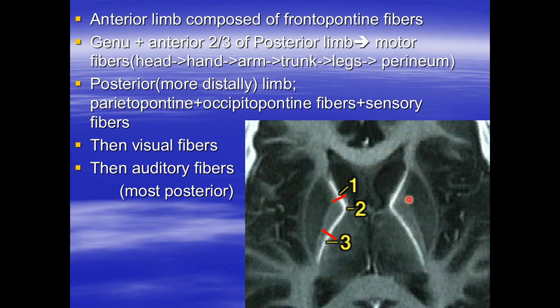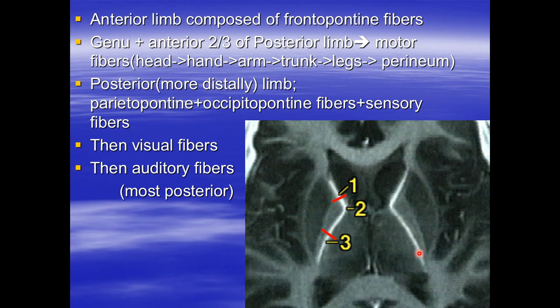Okay, so if you have, for example, a lacunar infarct here, you can expect the frontopontine fibers to be involved, while if the patient has a lacunar infarct at the genu or this part of the posterior limb, you can expect some motor deficit.